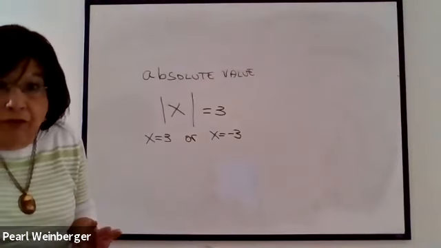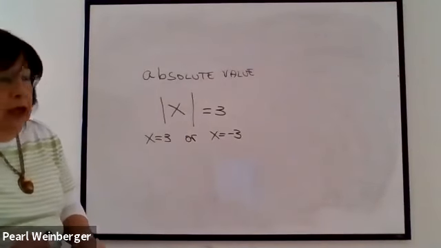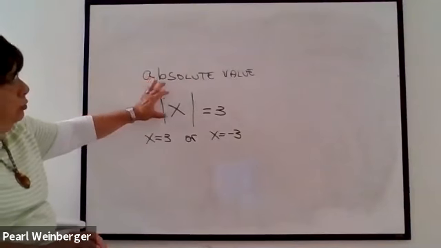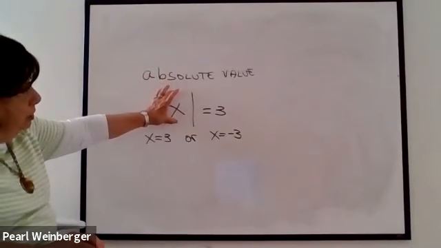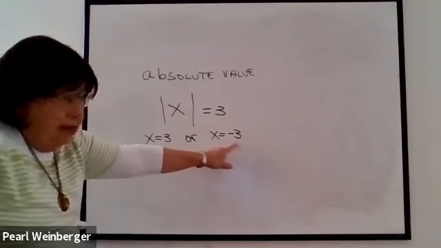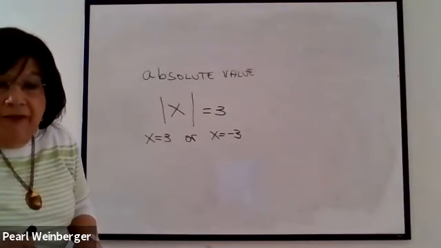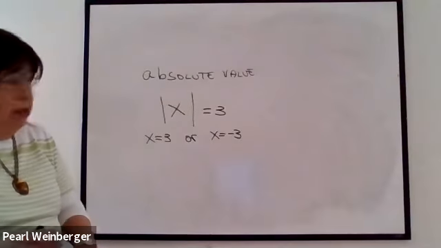The absolute value of 3 is 3, the absolute value of -3 is 3. In other words, the solution to this equation is really 2 answers, 3 and -3, because both of those numbers have an absolute value of 3.